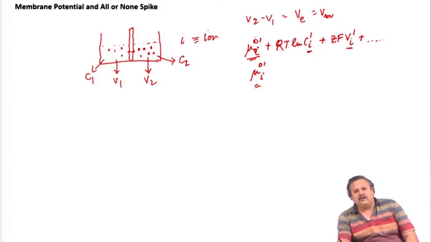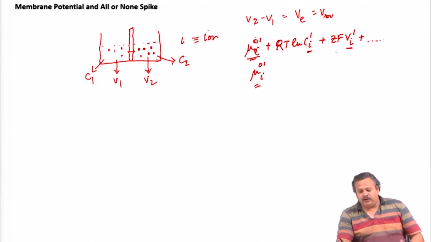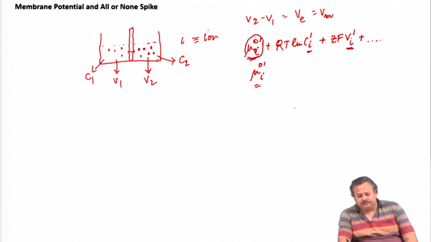That is, if the concentration of the ion I is unity with the proper units, and the potential is 0, then the overall potential of the ion is this mu naught, and that is unchanged on the two sides.